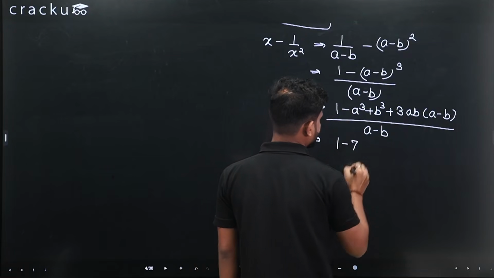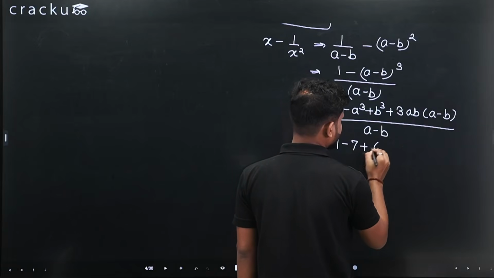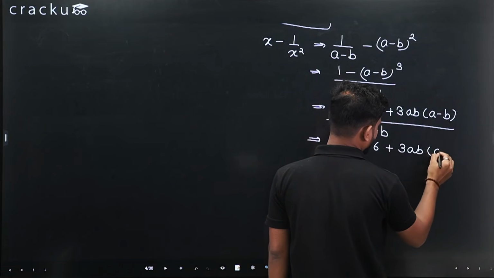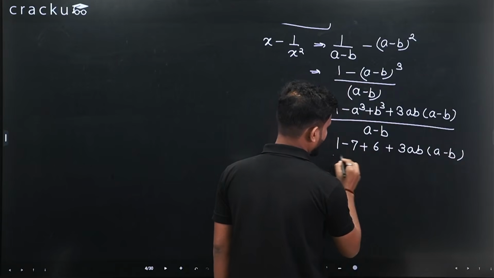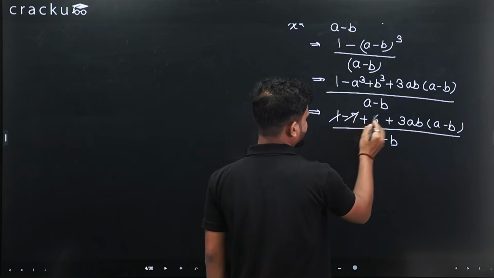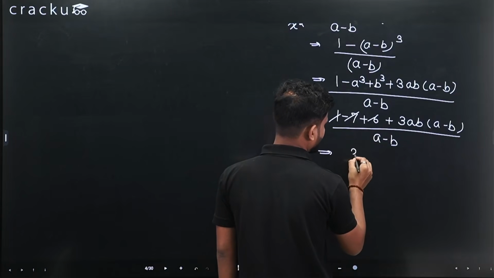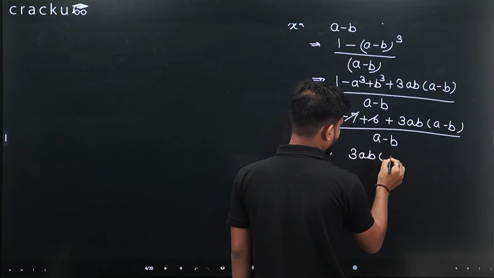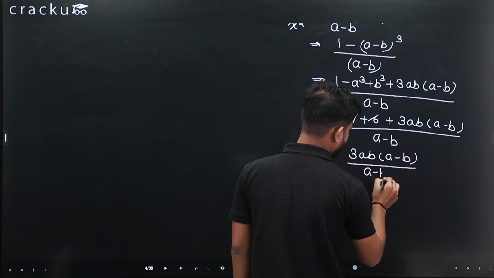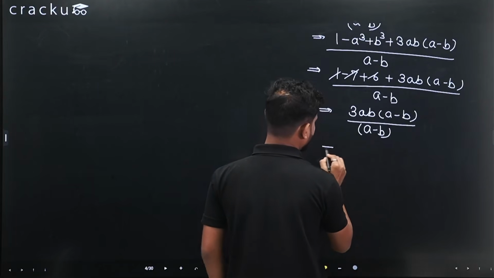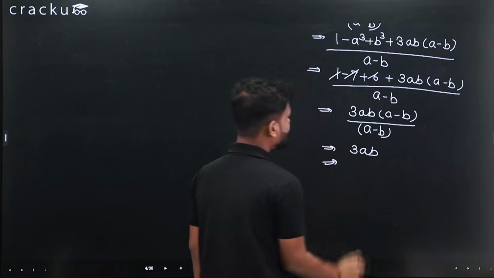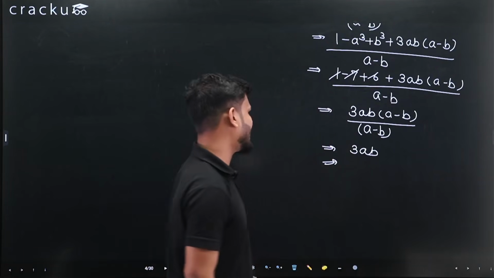A cube is 7 plus b cube is 6 plus 3ab into a minus b upon a minus b. This gets cancelled. From here we get 3ab, so we need to find the value of 3ab.